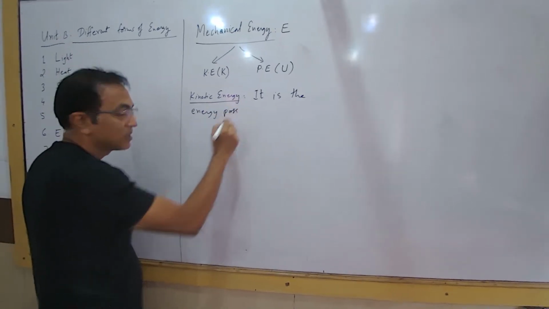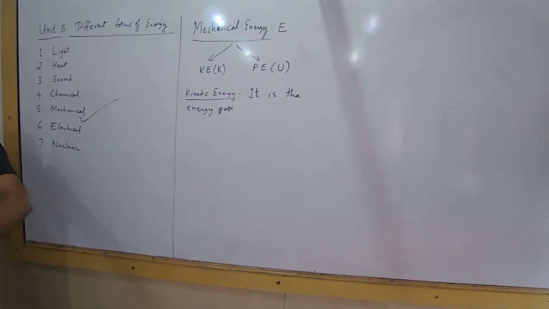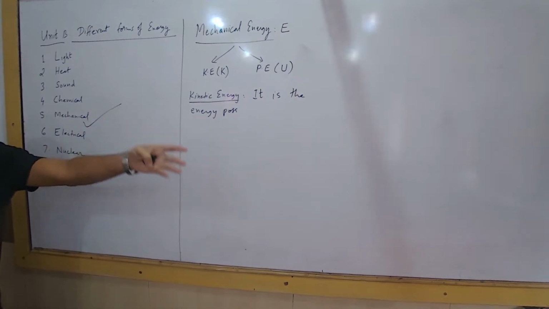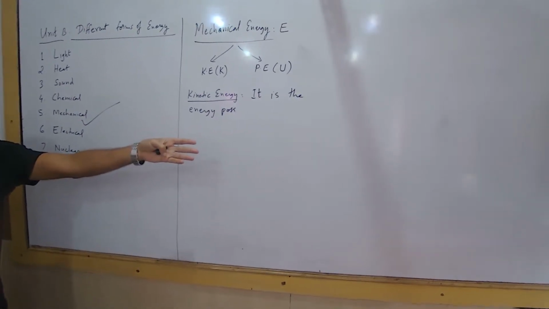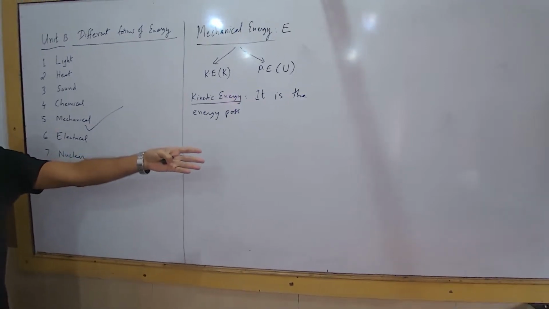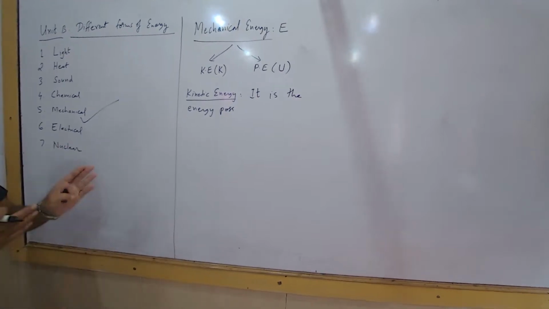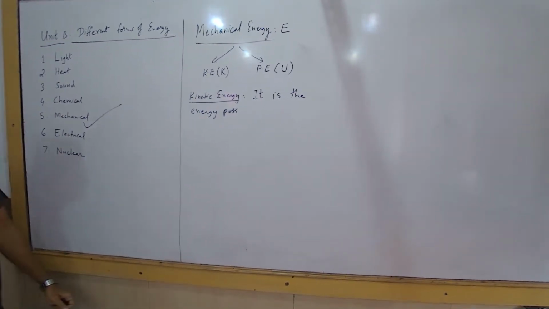This is the most important chapter of physics. All the chapters in physics are about energy. If you understand this energy, then you'll understand light energy, heat energy, electrical energy. Entire physics is nothing but the study of energy and its use. You're starting with the most basic, mechanical energy.